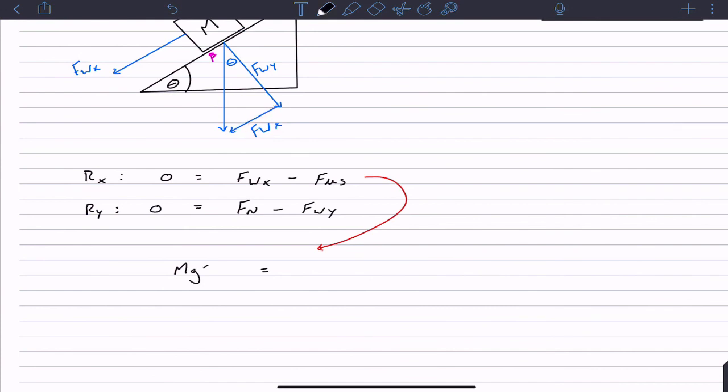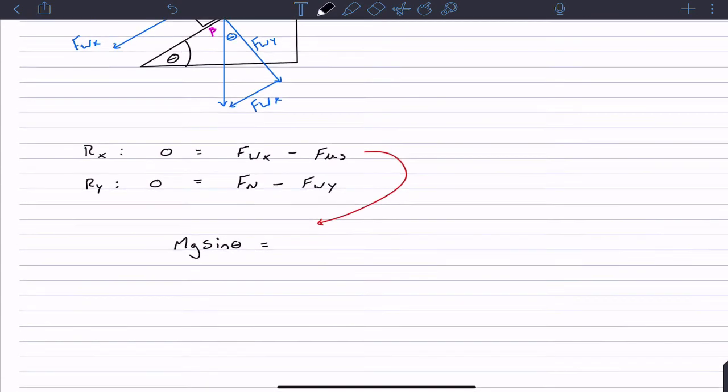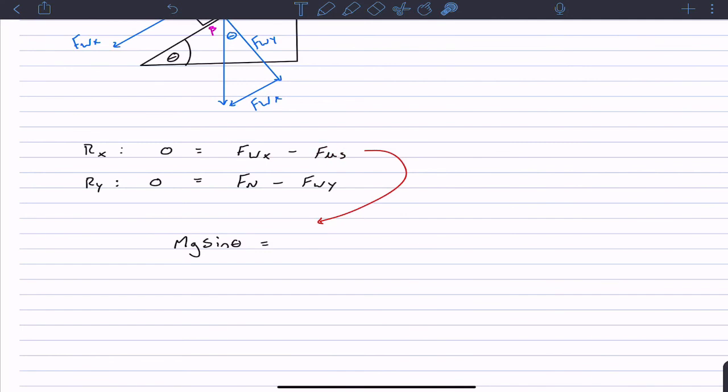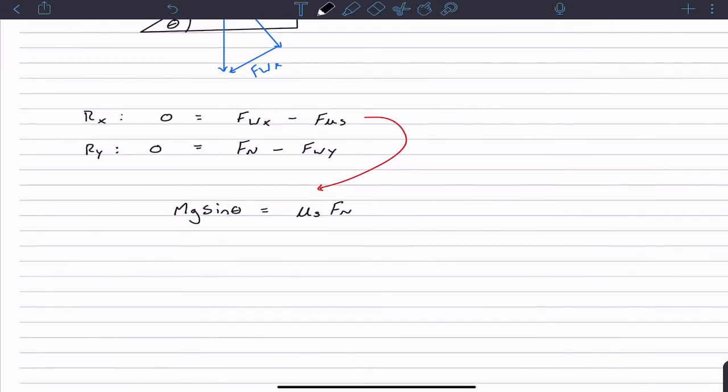So got to be careful there. Mg sine theta is equal to the frictional force, right? So the frictional force is the frictional coefficient times the normal force. Cool. That's some useful information right there.